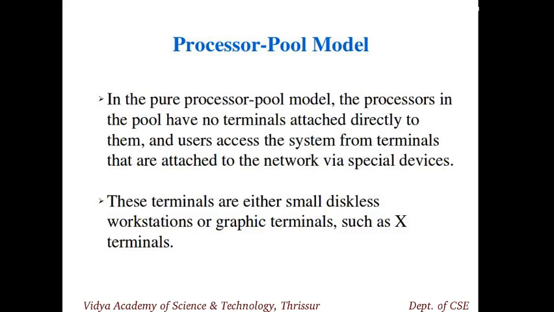Only these terminals are attached to computers trying to access the central system. These terminals are either small diskless workstations or graphic terminals such as X terminals, which are lightweight, so they can connect to the remote system.